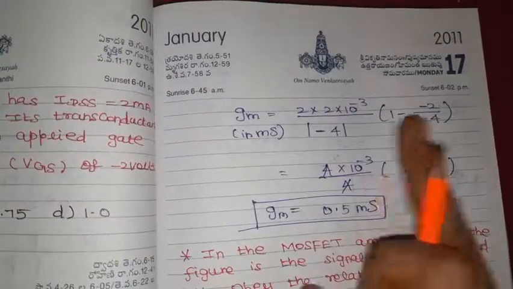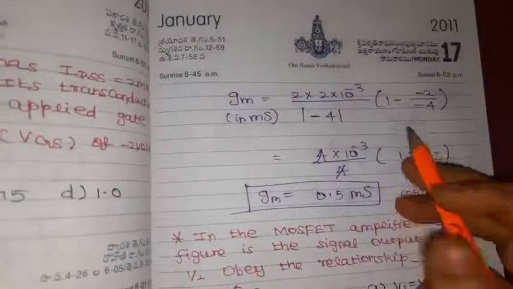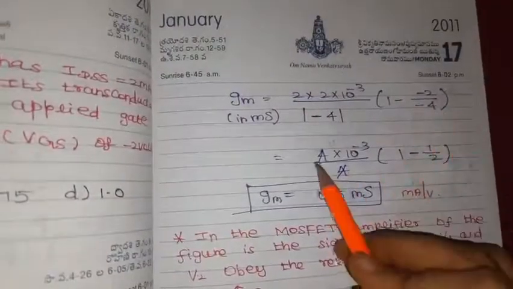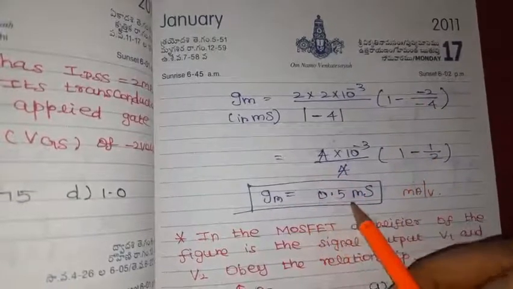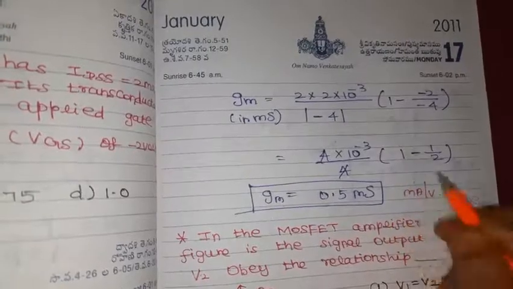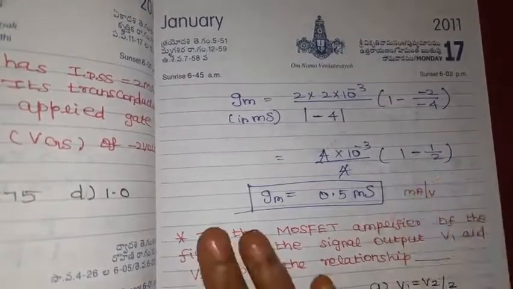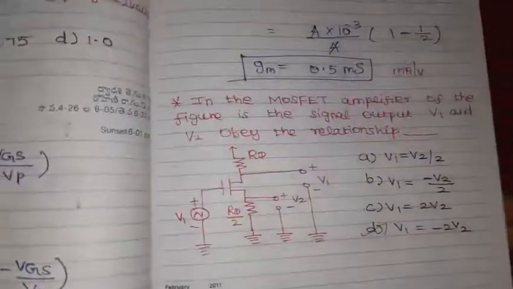Here 10 power minus 3. Then 1 minus VGS by Vp, minus 2 by minus 4. By substituting, we get the Gm value as 0.5 millisiemen, or otherwise, another unit for transconductance is milliamperes per volt.